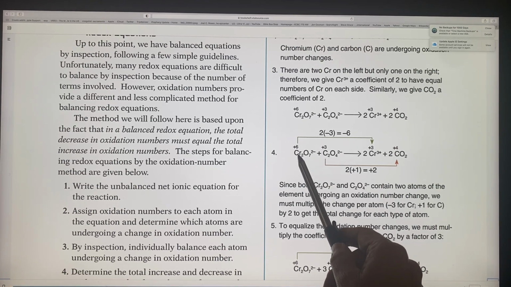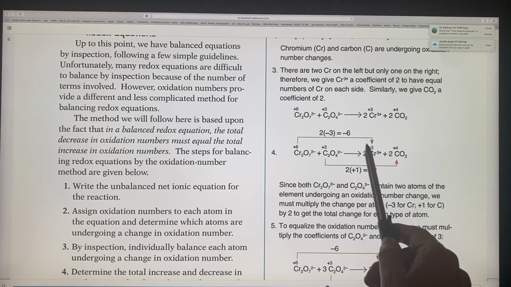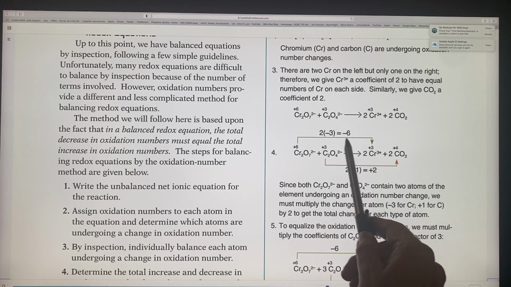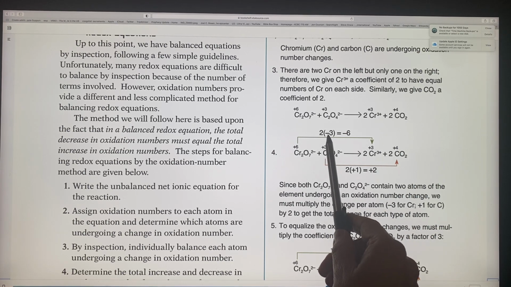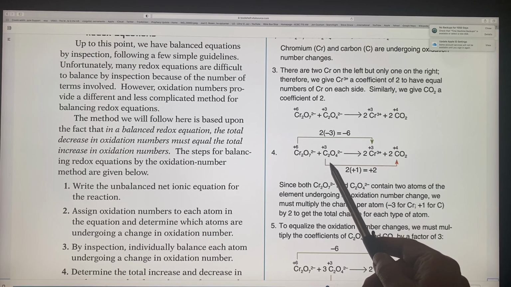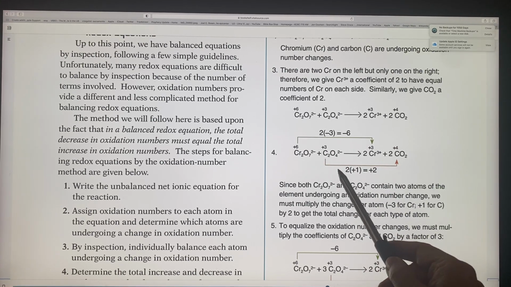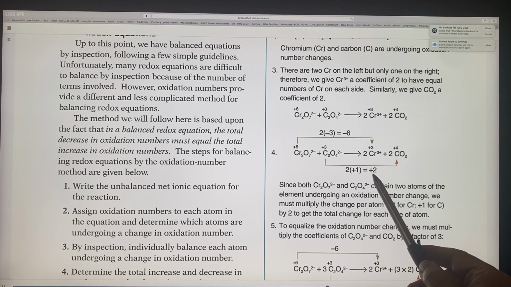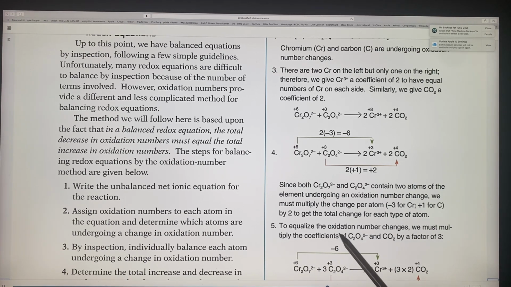Since the change from 6 going down to 3 is -3, we have to take -3 times 2. And on the other one, you have one change going up, +3 to +4, and then you multiply that by 2 to get the total change of each atom. So now this has to be the total charge.